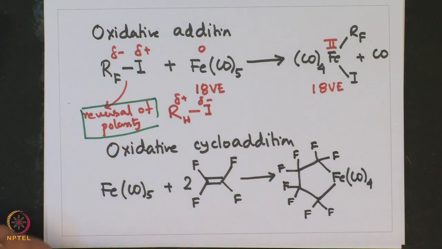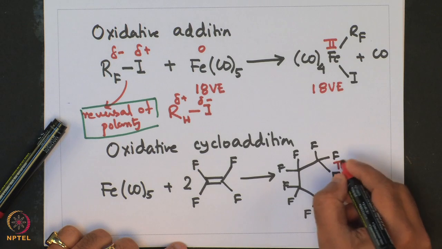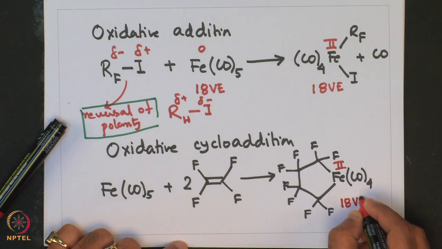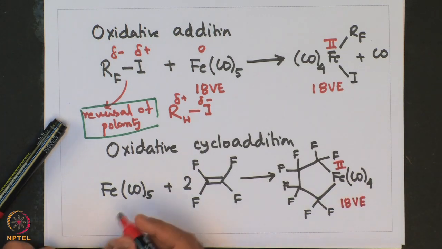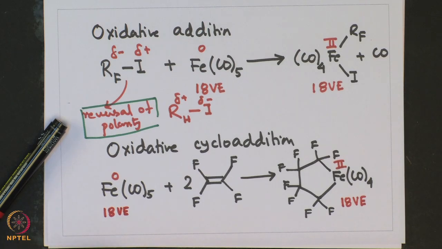Here the oxidation state of iron is +2, and it also has 18 valence electrons, whereas in the starting precursor iron is in low valent 0 oxidation state and has an 18 valence electron configuration.